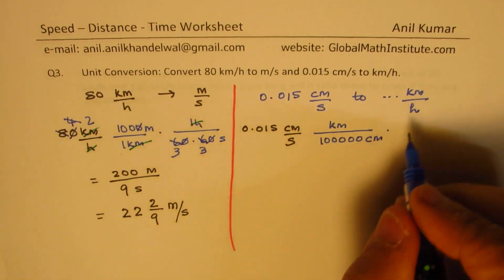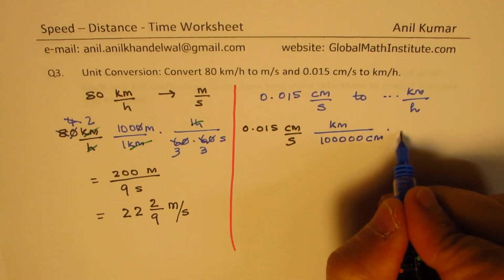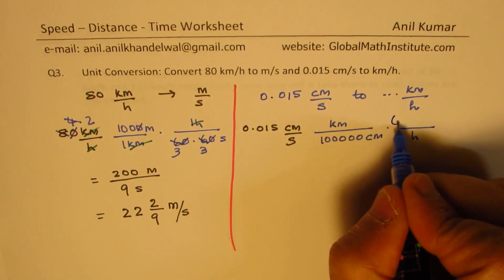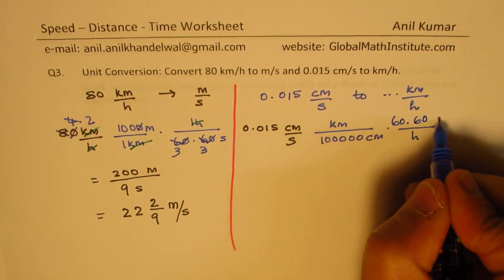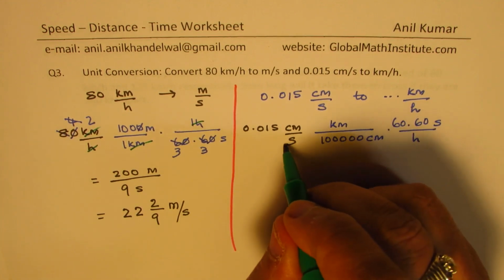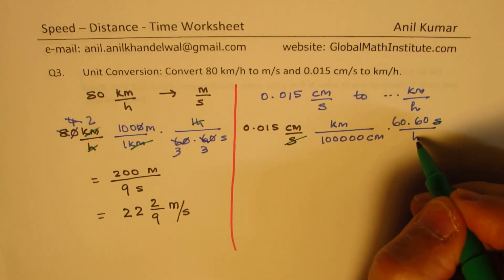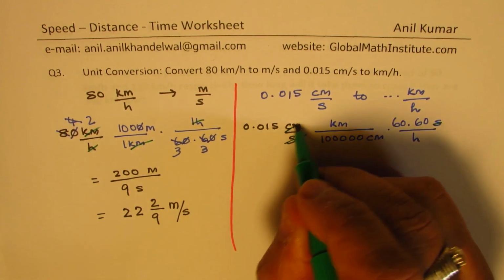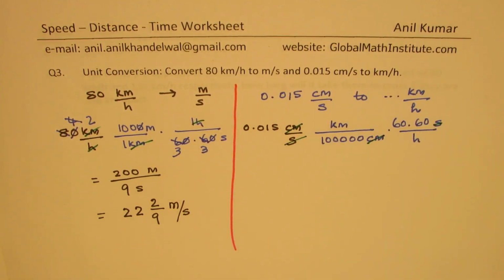As far as seconds are concerned, we're looking for hours in the denominator. So 1 hour is 60 times 60 seconds. Does that make sense to you? So that is easier to convert, right? So I hope this step is absolutely clear. Now cancel out and ensure that you get the units which are required, right?